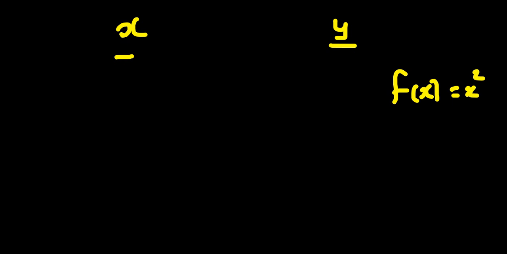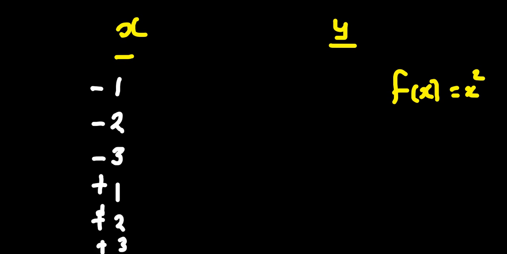Let's say we have our values of x: -1, -2, -3. Let's end there. Now let's say we have +1, +2, and +3, like that.